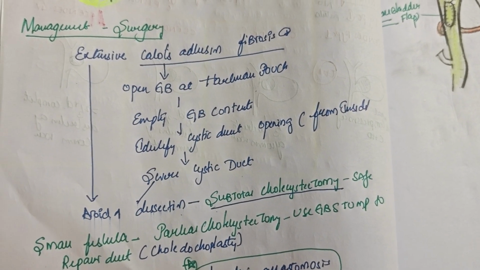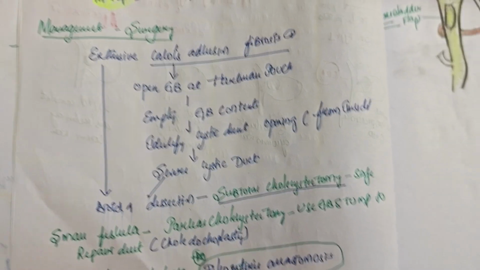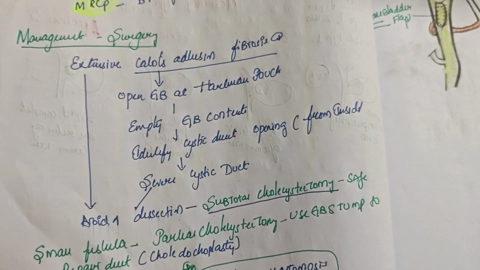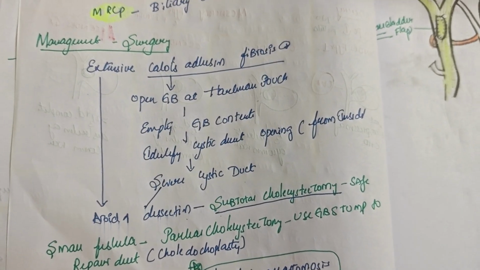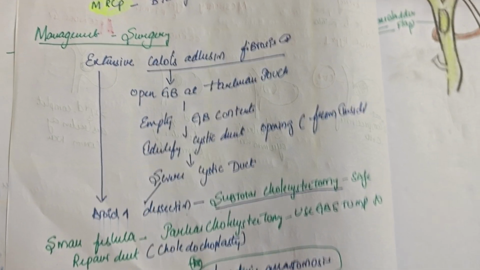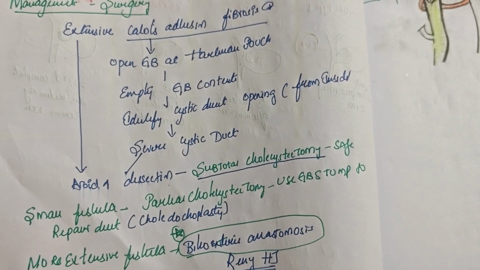I avoid heavy dissection in the extensive Calot's triangle, and I do something known as subtotal cholecystectomy, and this is safe.